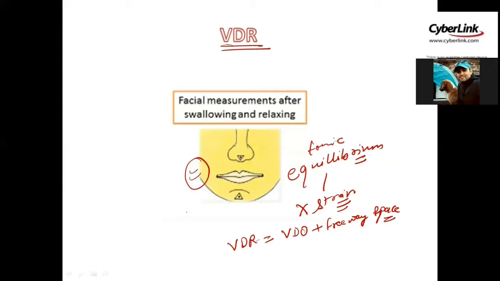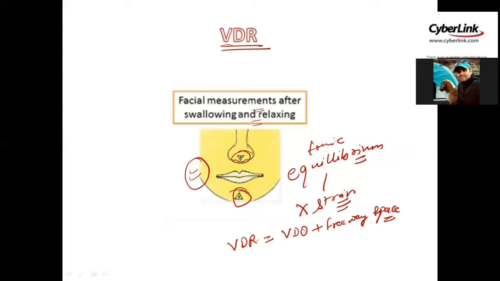First, we will record it by the very easiest method, facial measurements after swallowing and relaxing. The patient is asked to sit upright and relax. Two reference points are made with a triangular piece of adhesive tape on the tip of the nose and tip of chin.